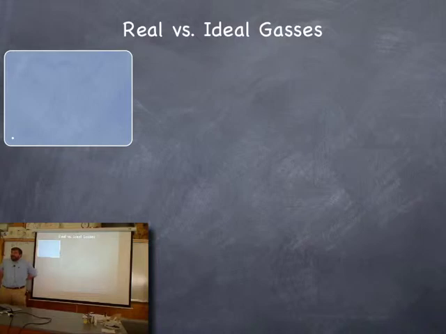Now, atoms and molecules obviously have a non-zero volume. They take up some tiny amount of space. So if we wanted to model this more accurately, we'd need to take the total volume of the container and subtract out whatever volume the particles themselves are taking up. So we can improve the ideal gas law and make it more accurate.